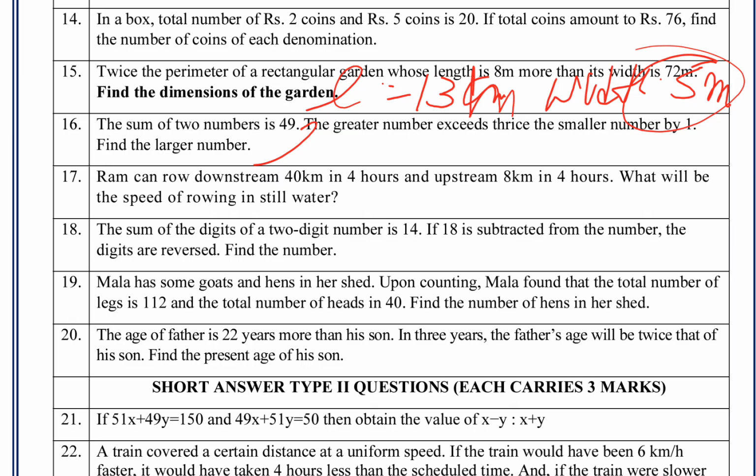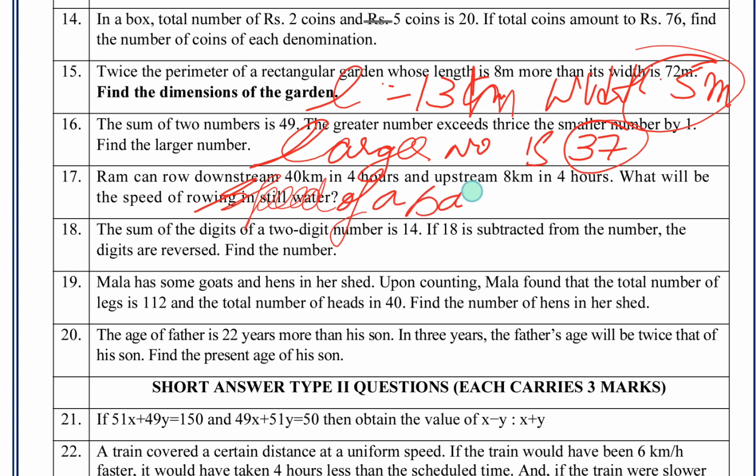And 16th one, the large number is 37. Then 17th one, speed of a boat is 6 km per hour. 18th one, the number is 86.